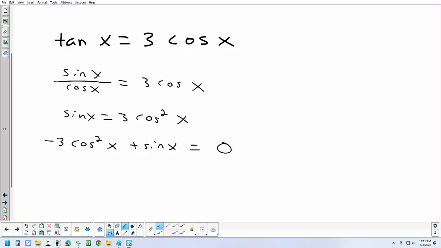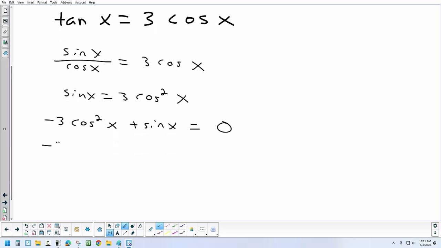All right. And what do we do at this step? Change the cosine squared x into 1 minus sine squared x. So we're going to use our Pythagorean identity, change the term that's squared. Right?